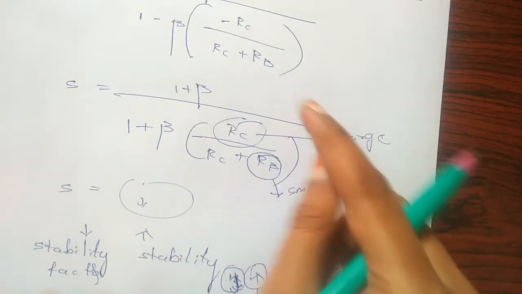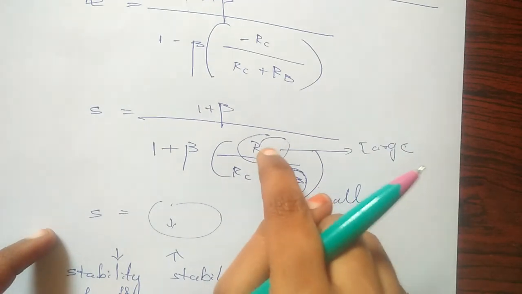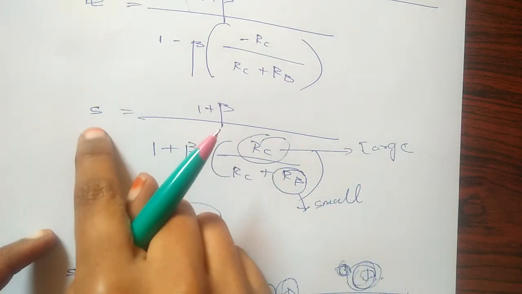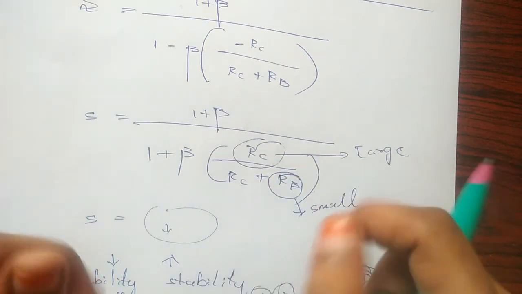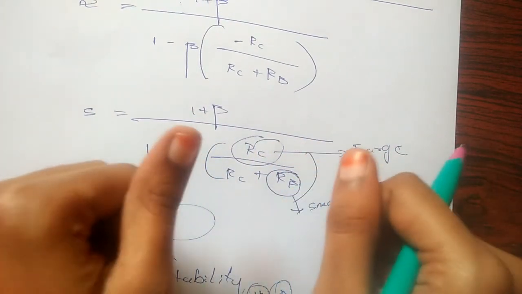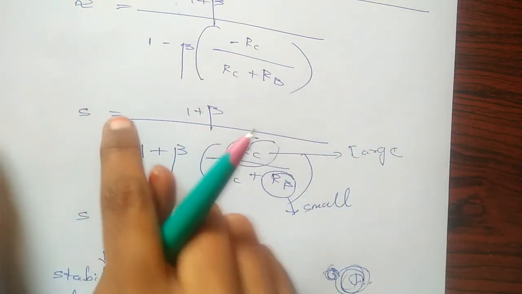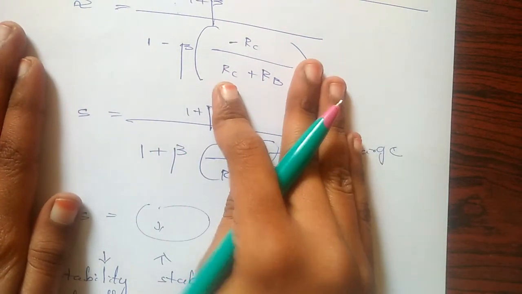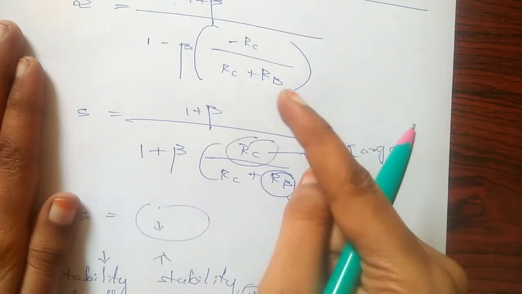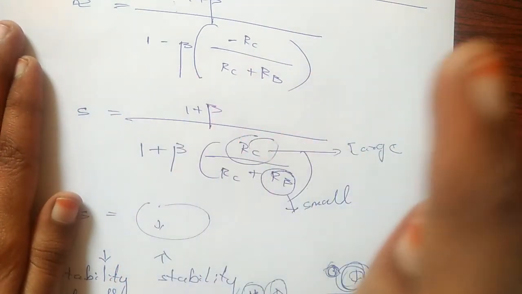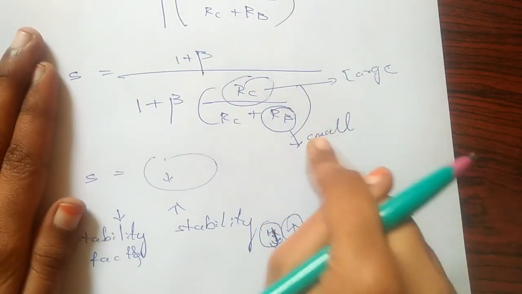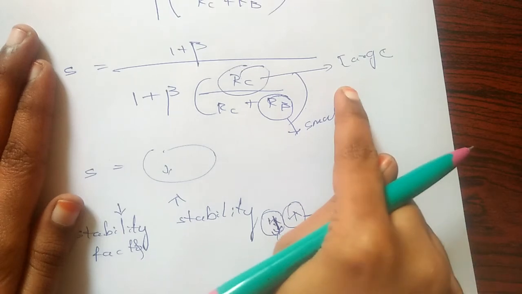RC. See, RC is in the denominator with respect to s. Understand it clearly, with respect to s I am telling. So by this it is clear that s can be made small by RB small and RC large.